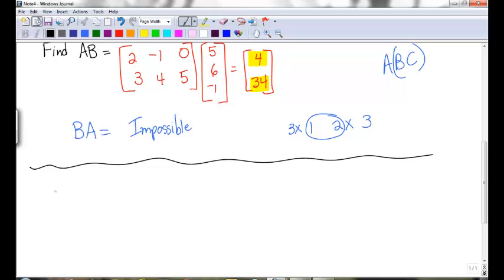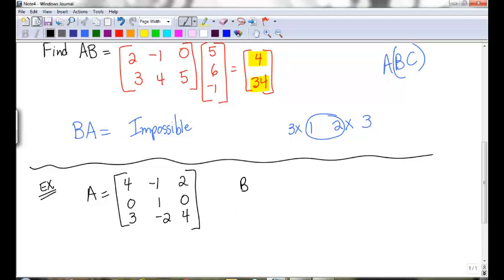Another example. I'm going to give you 3 matrices. Matrix A is a 3 by 3. First row across is 4, negative 1, 2. Second row across is 0, 1, 0. Third row across is 3, negative 2, 4.